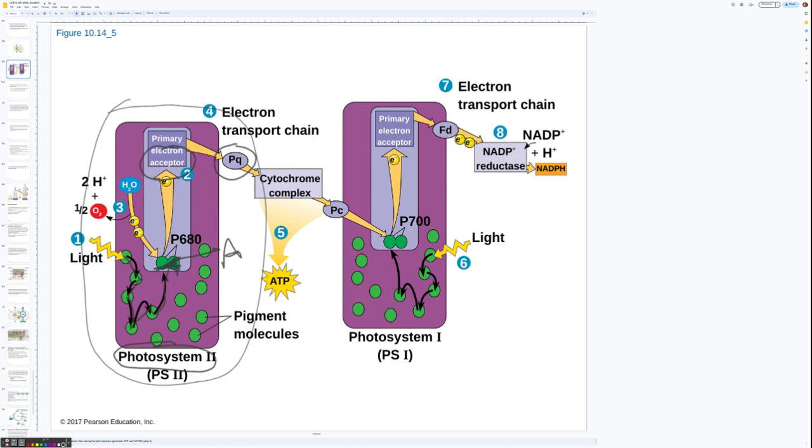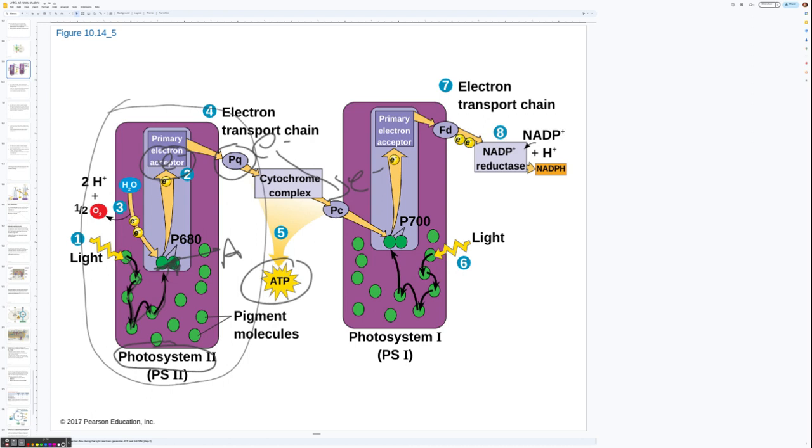As he does that, a little bit of energy is going to be released to produce an ATP. And my electron's getting passed. And at this point, he's kind of lost a little bit of his energy.